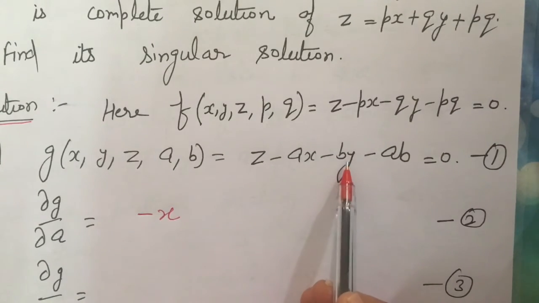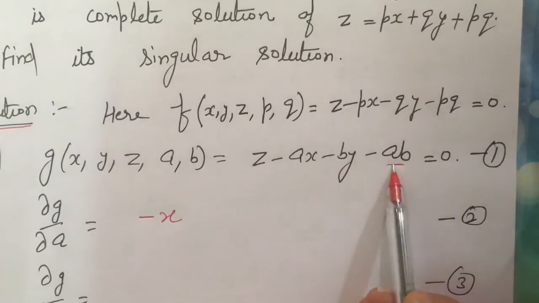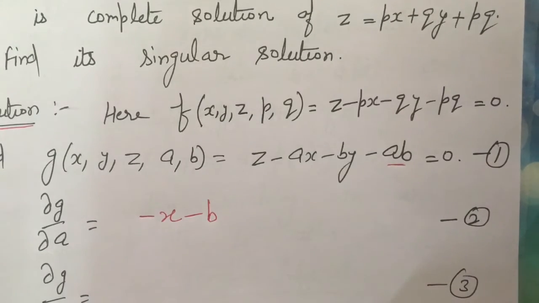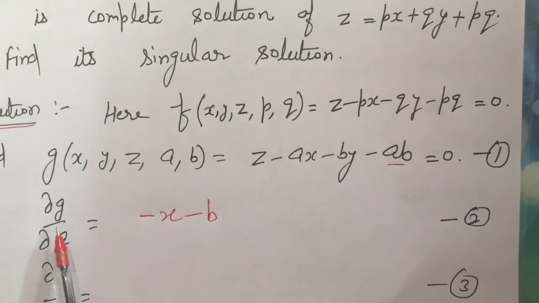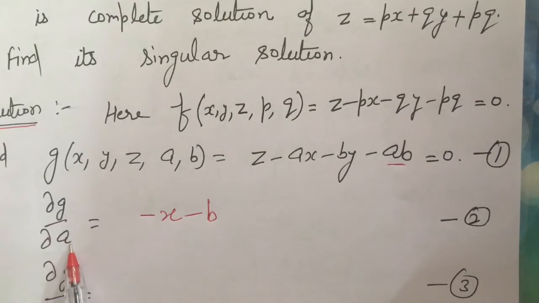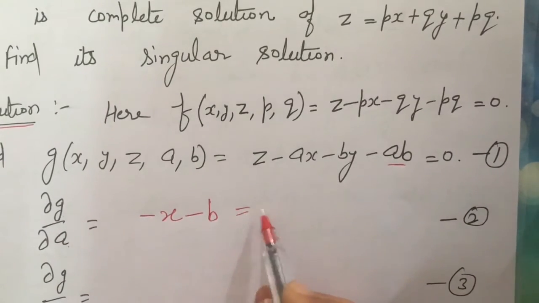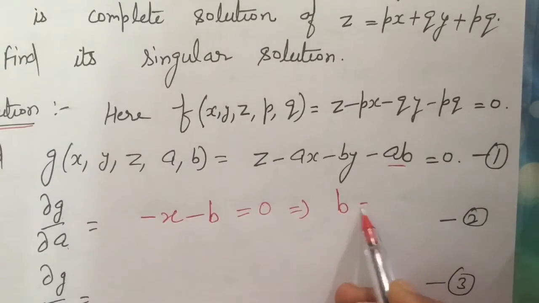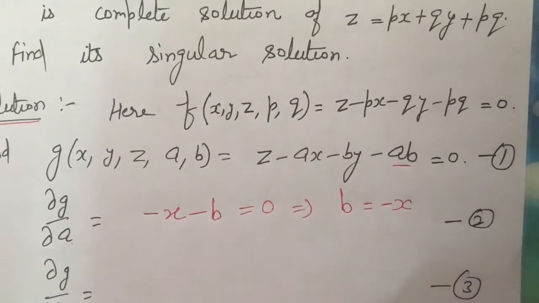There is no a in the next term, so its derivative is 0. Here minus b is constant and the derivative of a is 1. In this way, you find that the partial derivative of g with respect to a equals 0. From here, you can find the value of b, which is equal to minus x.